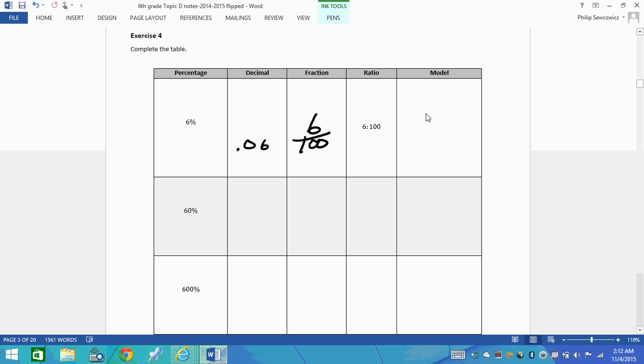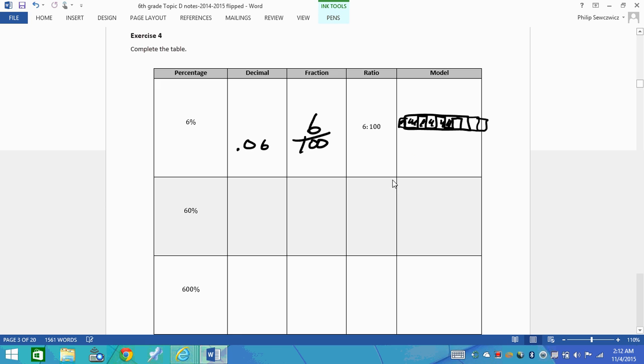Model would be a picture of what that looks like. So we'll do one for this one, just to show you what you could do. You could draw 1, 2, 3, 4, 5, 6, 7, 8, 9, and then even 10 boxes, and you could shade in 1 of them, 2 of them, 3 of them, 4 of them, 5 of them, 6 of them. So we should have 4 left over.